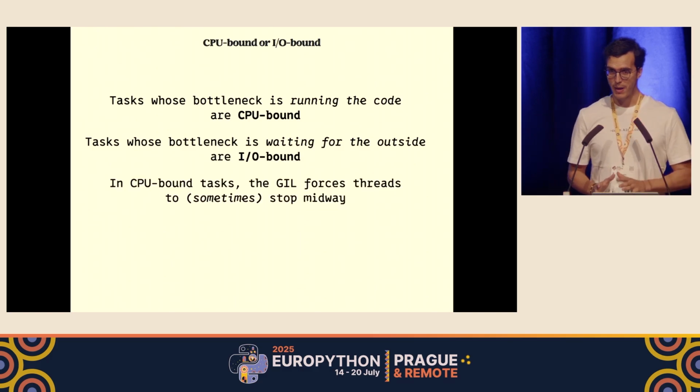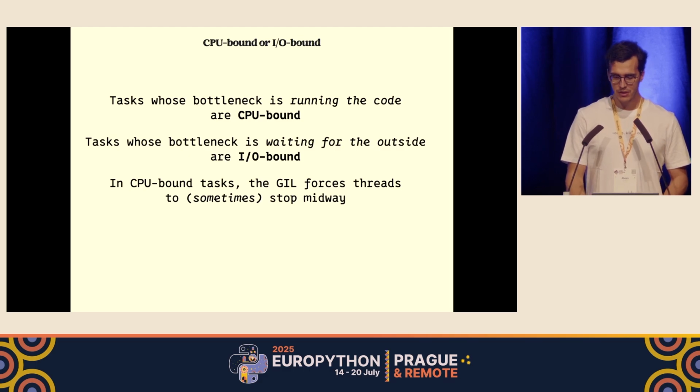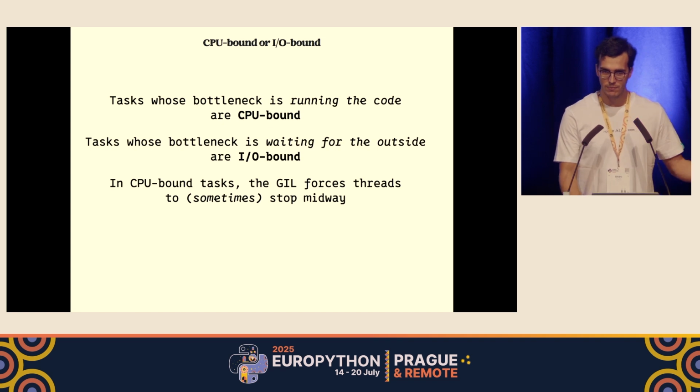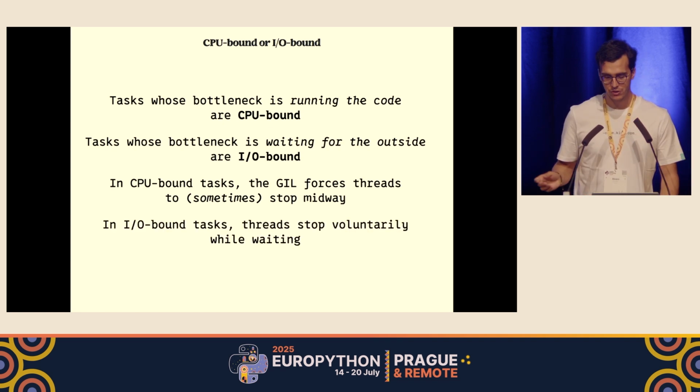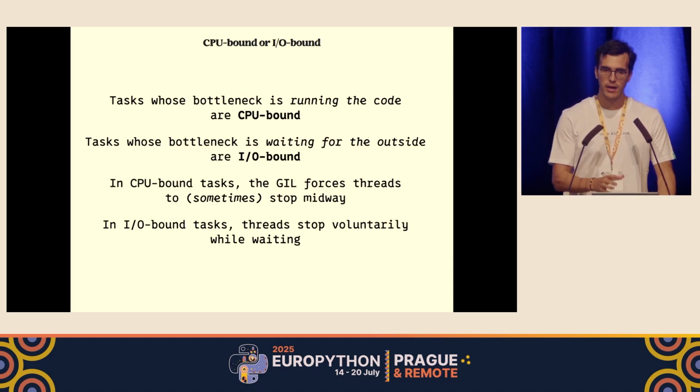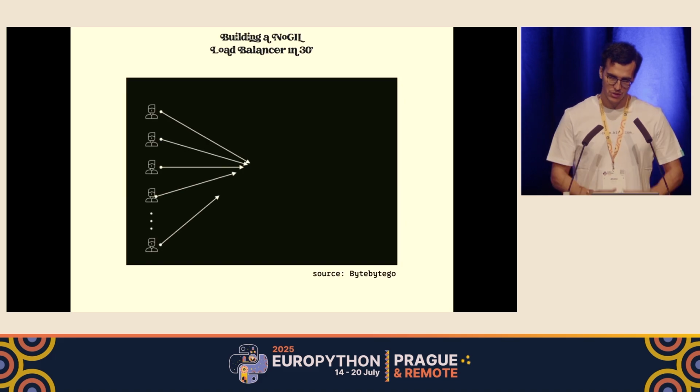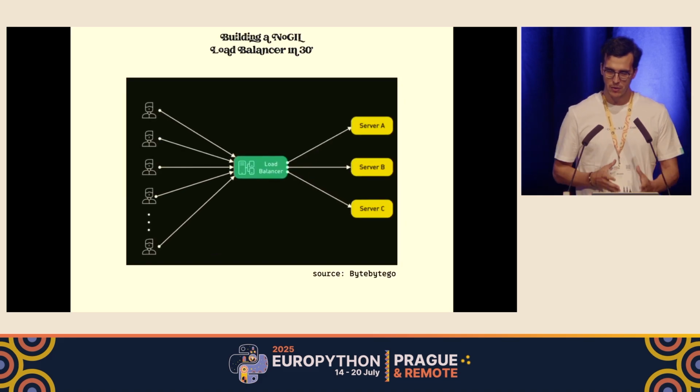In CPU-bound tasks, the GIL is meant to stop a thread midway sometimes and move to the next thread forcibly. This is called preemptive multitasking, whereas in I/O-bound tasks, threads are meant to stop voluntarily while they're waiting for the I/O to complete.